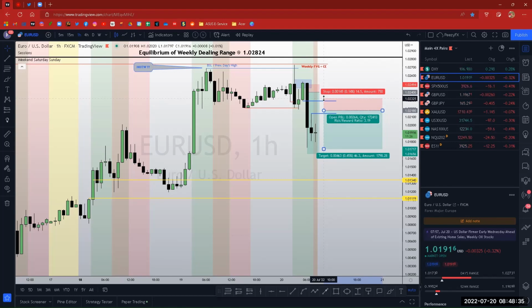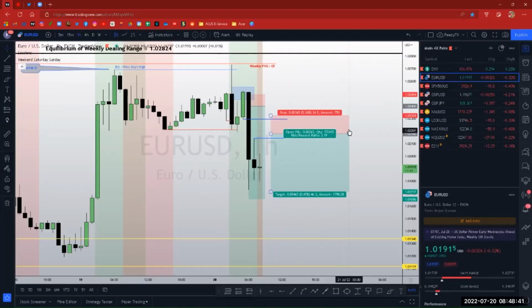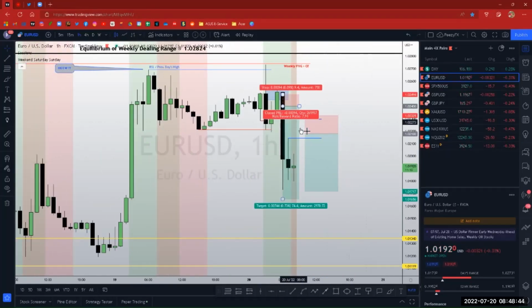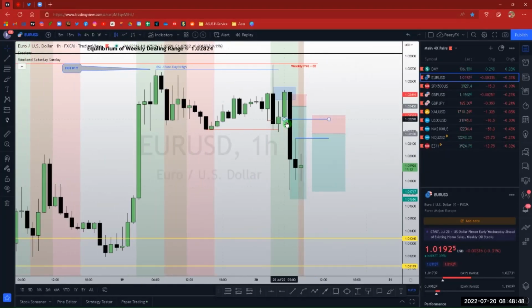Stop losses normally can go right up above the premium of the fair value gap, but I always monitor these fair value gap entries, especially when it's right there by an order block, because price tends to dig up into the order block as well. So if that's the case, then I'll just monitor that and drag my stop loss up.